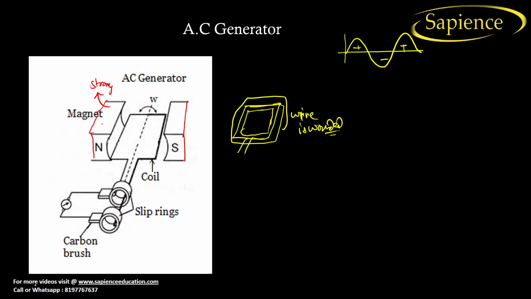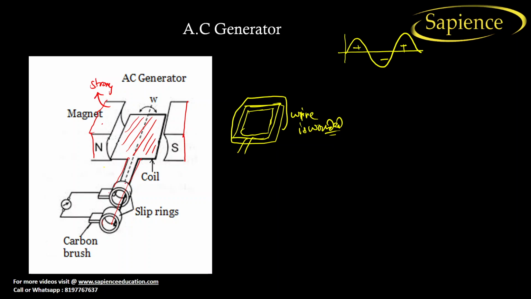Now what do you mean by principle? Before that, you need to understand that it consists of an armature wound by wire. One wire is connected to one slip ring and the other wire to another slip ring, and these are not connected directly.